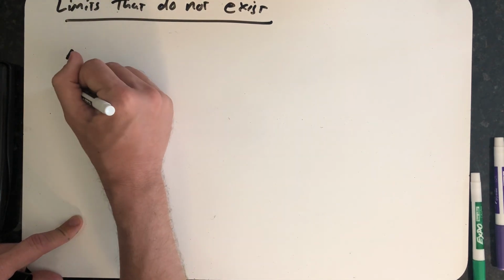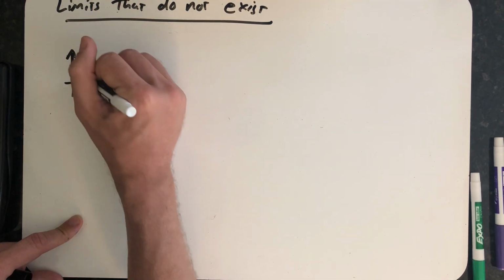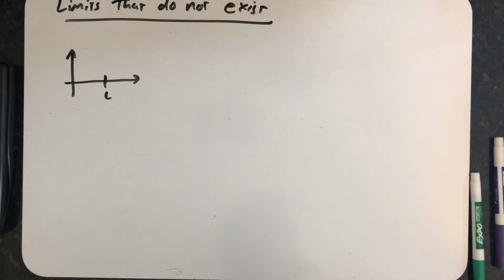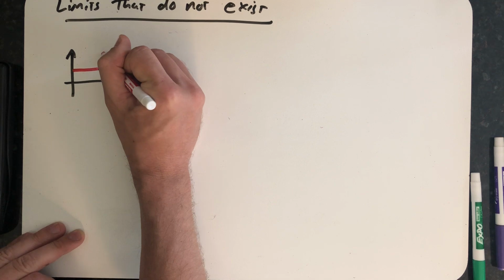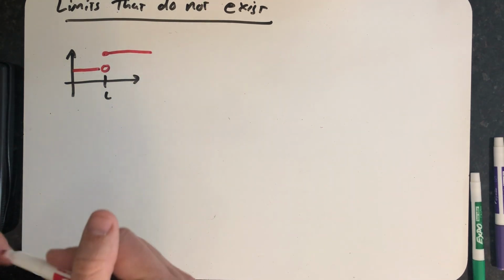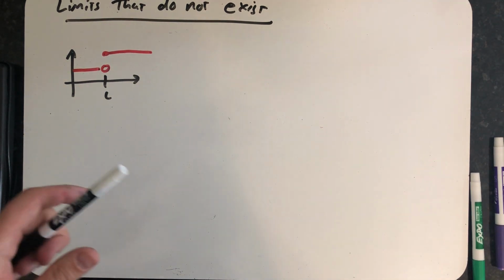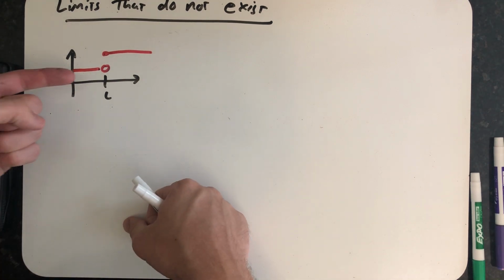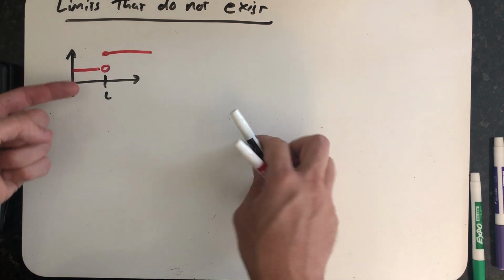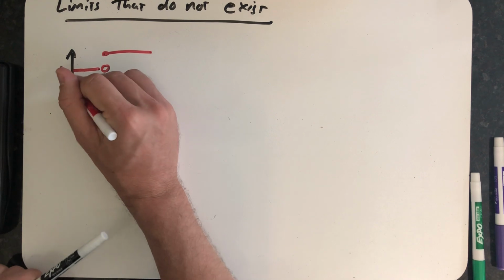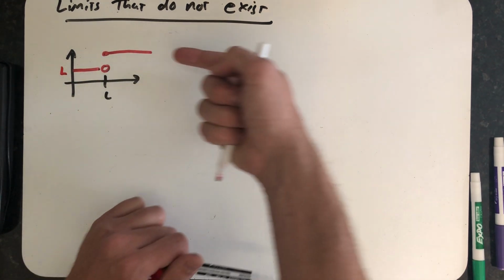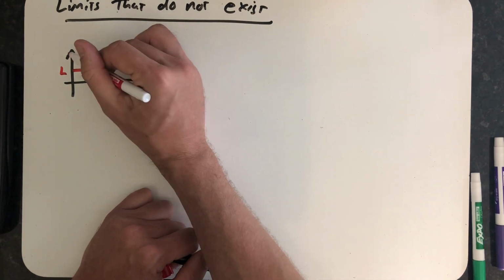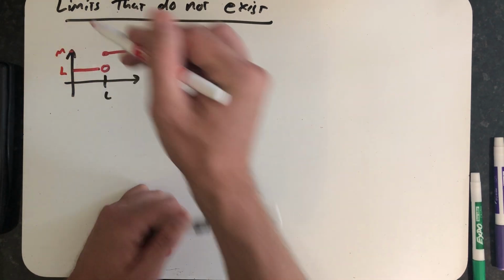The first example is what we call a step function. If I was to look at the x values in this step function, as we get close to c from the left-hand side, it would look like my y values were always some number, and I could imagine calling that L. But as I come from the right-hand side, I'm getting another value, which I would call m.